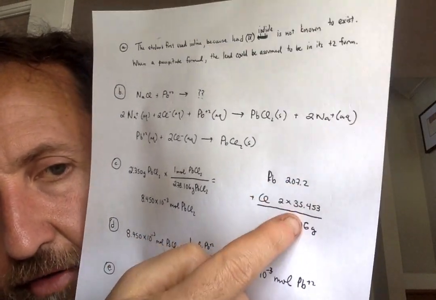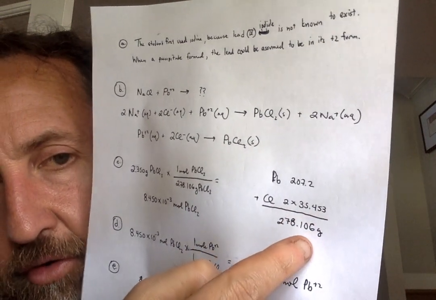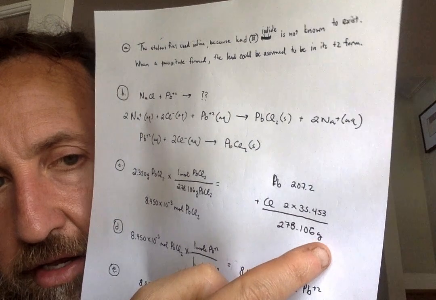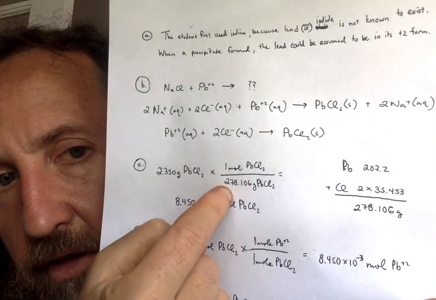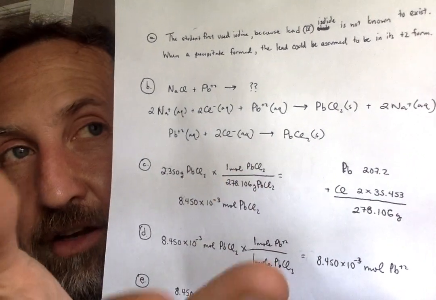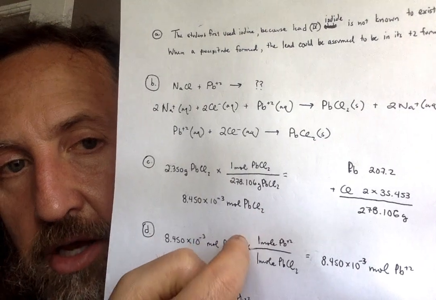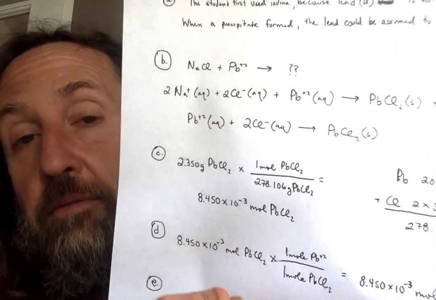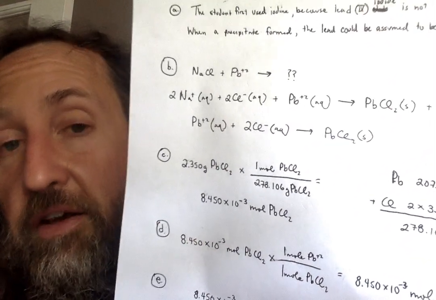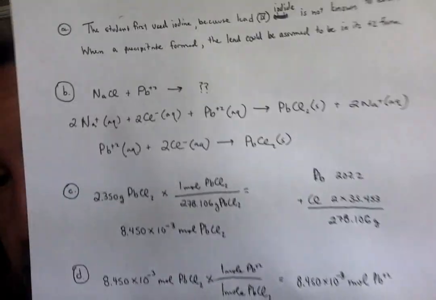There's lead 207.2, 2 times 35.453 for the chloride, and so that adds up there. And then I have that, put it there, and it's just simple stoichiometry. But again, it's important to show it because this is the evidence that we're going to show on our AP exam that we do know what's going on.